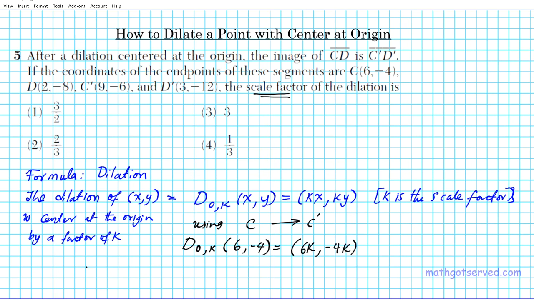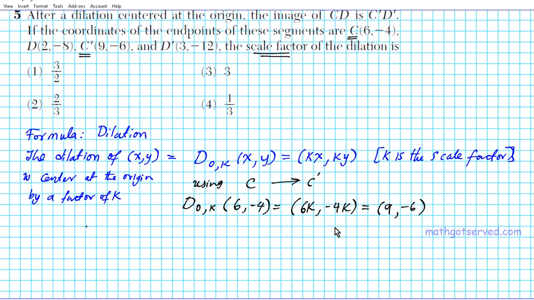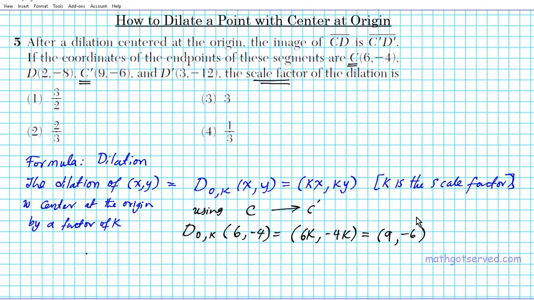Now, upon dilation, what are the values of my coordinates going to be? C is going to get mapped to C prime. So after the dilation by a factor of k, you're going to end up with (9, -6). To finish off this problem, we're going to use simple algebra to solve for our k value.